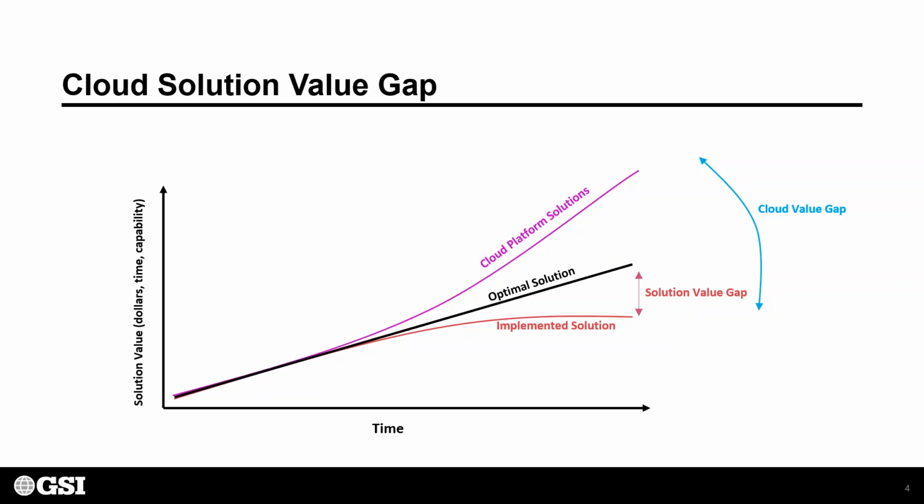Nonetheless, your ability to unlock that value gap revolves around either your ability to add functionality or to enhance your reporting capabilities and the actionability of the business intelligence that you're receiving in order to make comprehensive business changes.